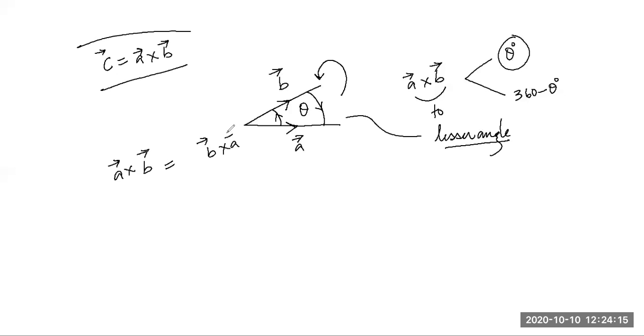B cross A. Can you guess? Just a negative sign, because the magnitude of both are the same, but just the sign reverses, and hence this. So now, another thing.